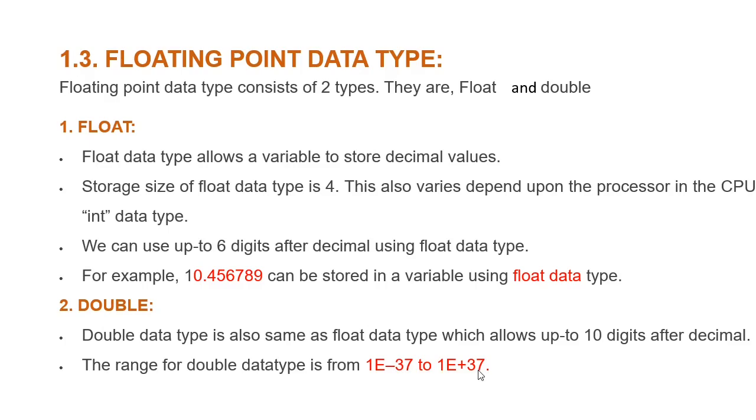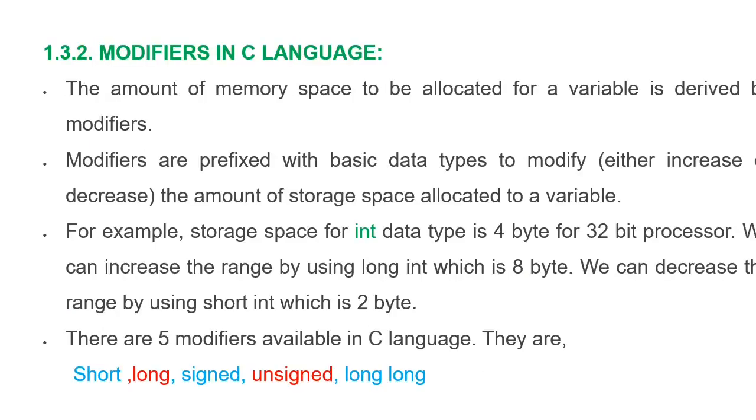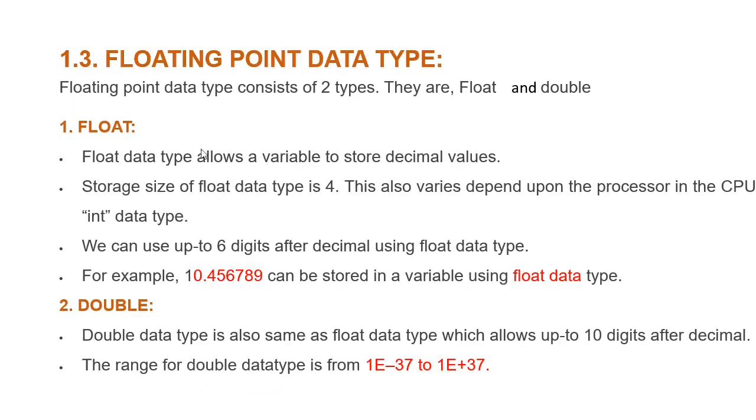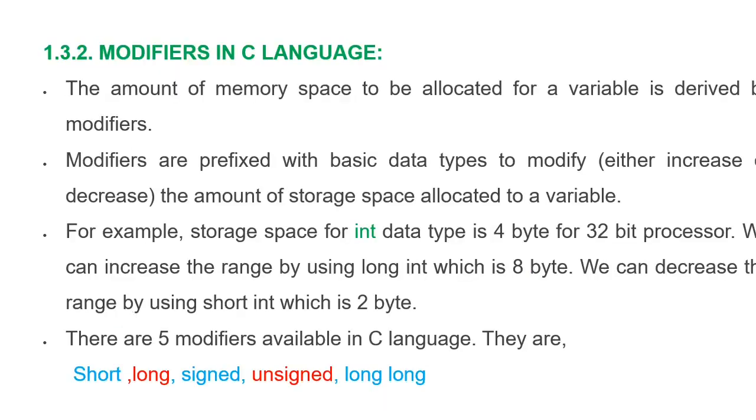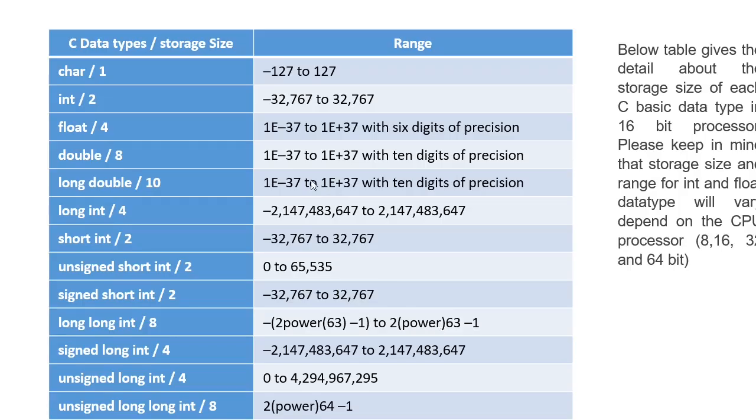Then next are the modifiers in C language. Modifiers are nothing but modifications of the integer and double data types, for example short, long, signed, and unsigned. So these are some data types and their storage capacity.